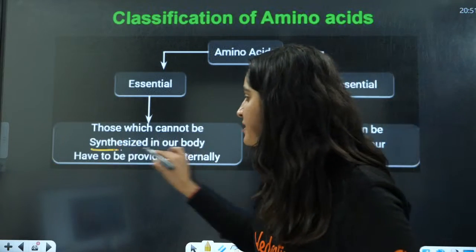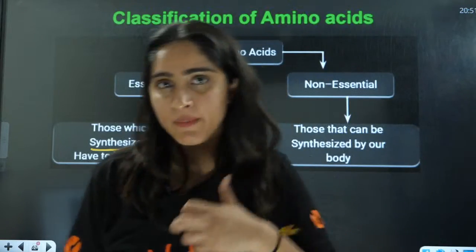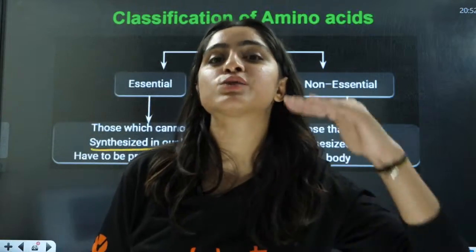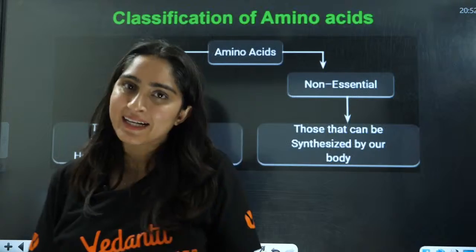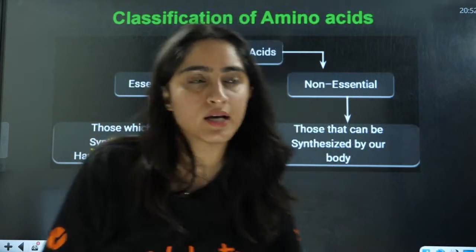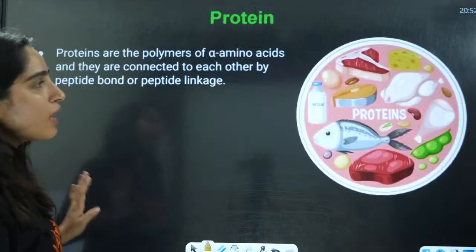Non-essential are those that are synthesized within the body. Even if we don't get them from the outside, they are not needed by our body. Those are non-essential amino acids.